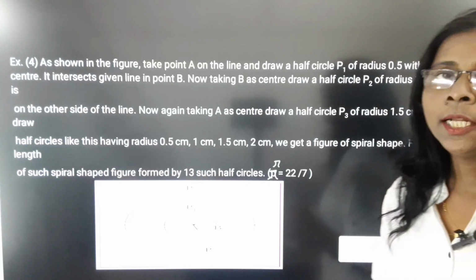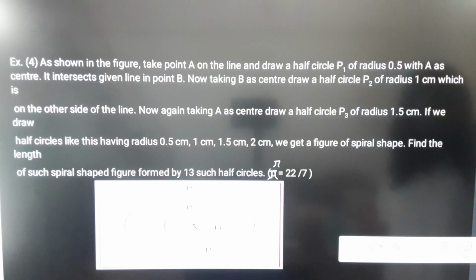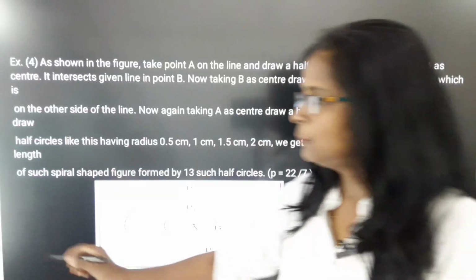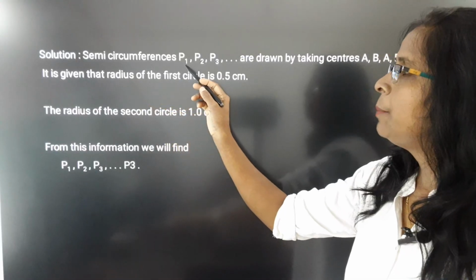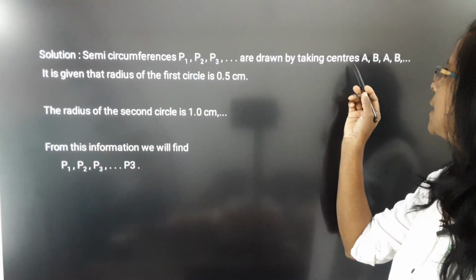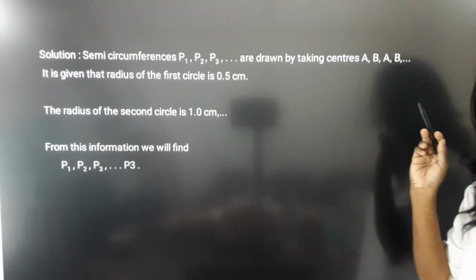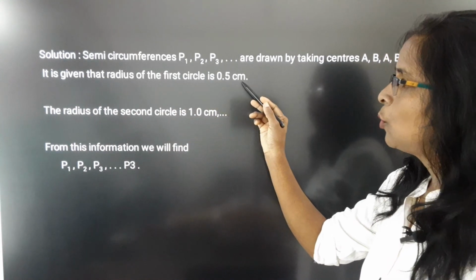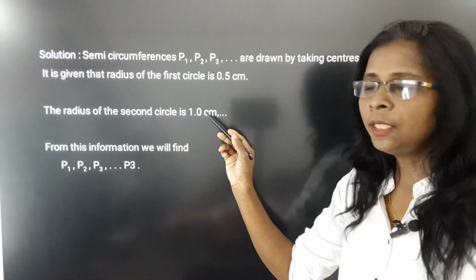So now let us start how to solve this problem with the help of the sum formula and the term formula. Students, semicircles P1, P2, P3, and so on are drawn by taking centers as A, B, and so on, and it is given that the radius of the first circle is 0.5 centimeter, the radius of the second circle is 1.0 centimeter.